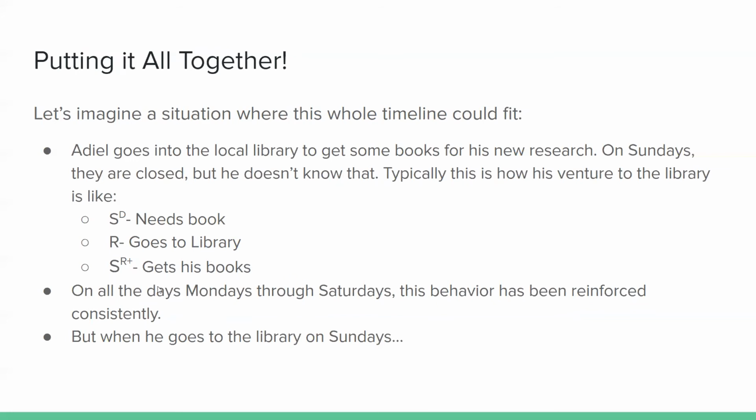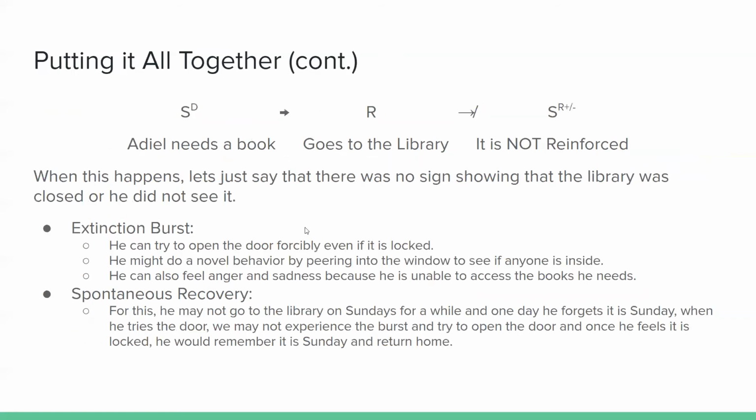It's reinforced. The consequence of getting books is reinforced, and this is constant on Mondays through Saturdays. But on the other hand, when he goes to the library on Sundays, getting the book is not reinforced, and thus the consequence never happens, right?